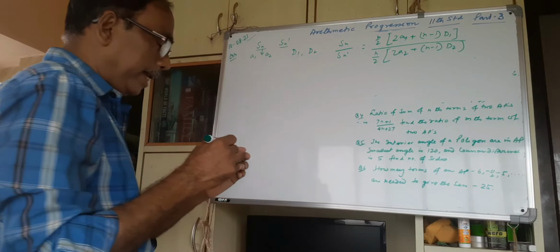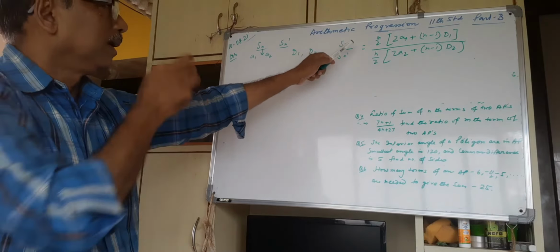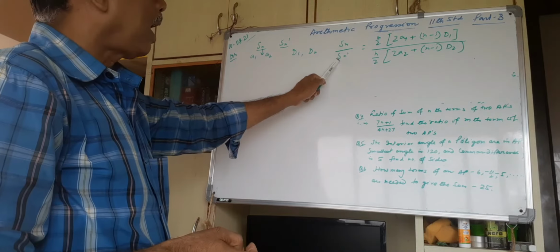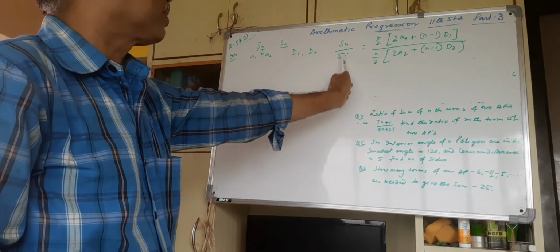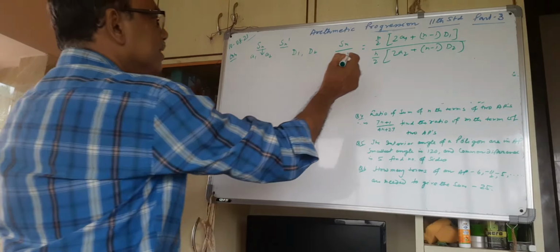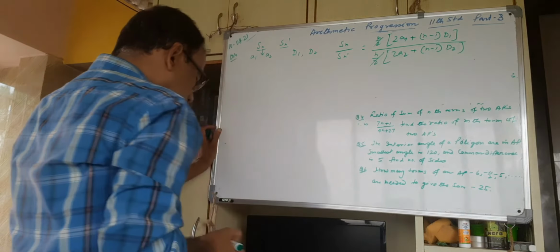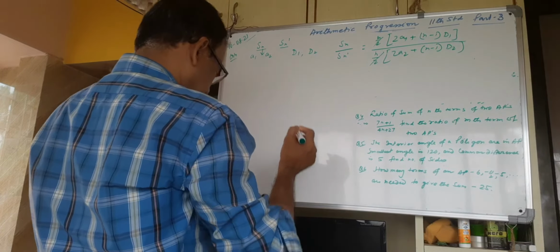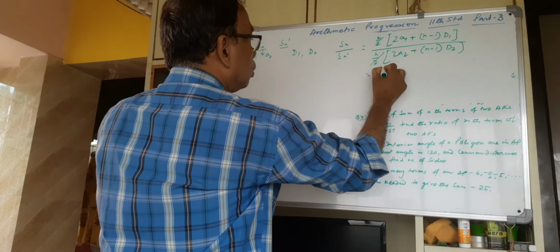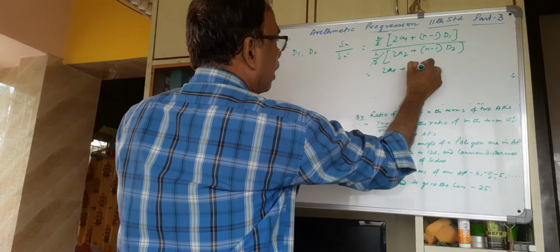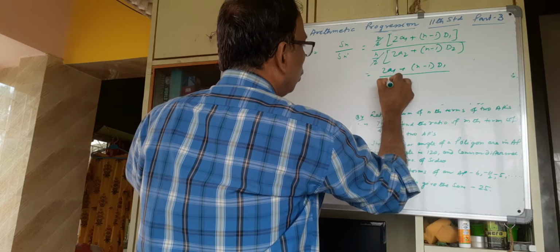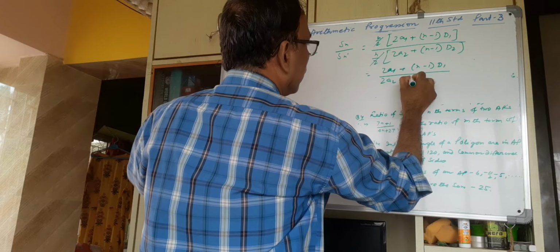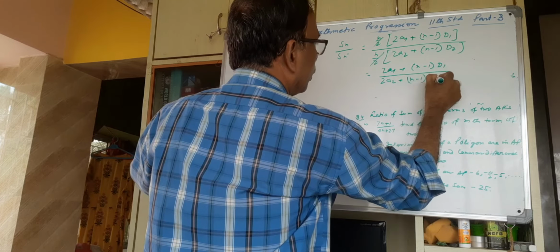The n by 2 cancels, so we can write 2a1 plus n minus 1 into d1 by 2a2 plus n minus 1 into d2.